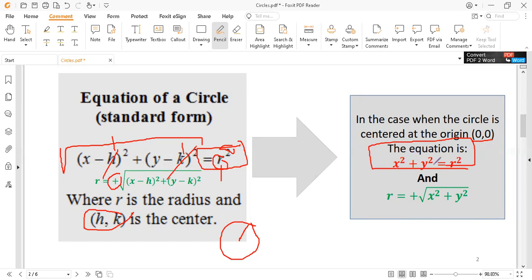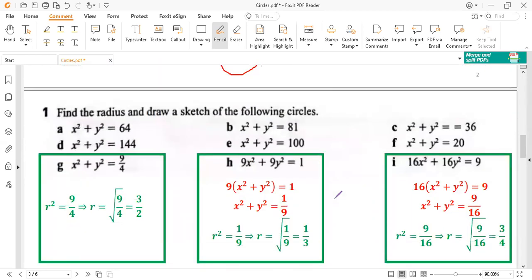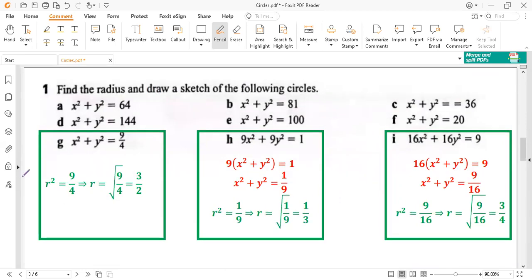The center of the circle is at the origin, with abscissa 0 and ordinate 0. In this case, r equals the positive radical of x² + y². So it is easy to move on to the following exercises.